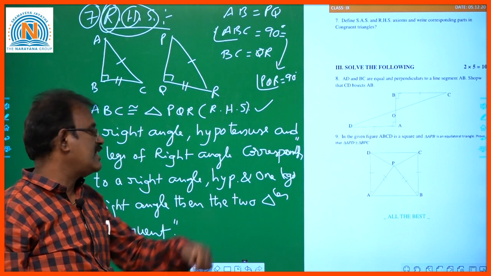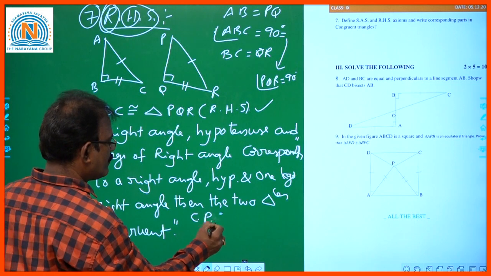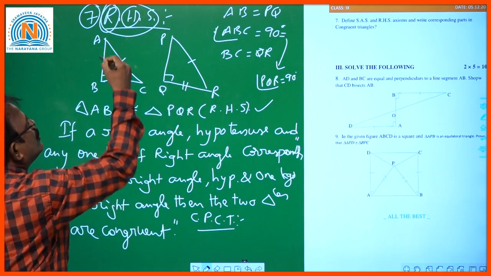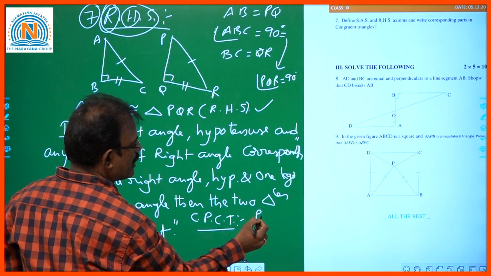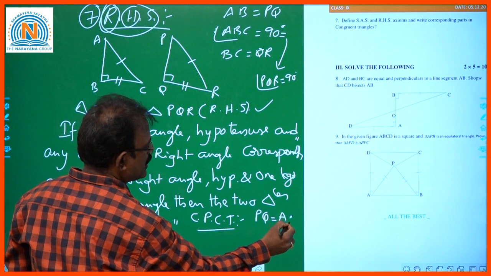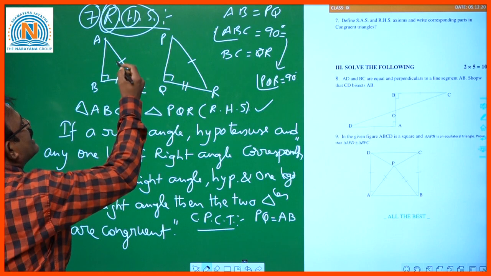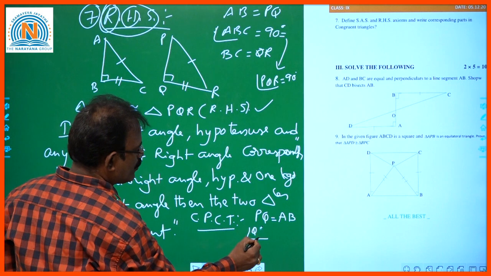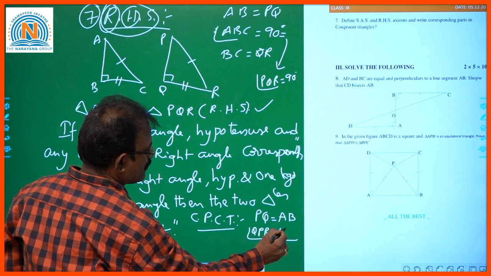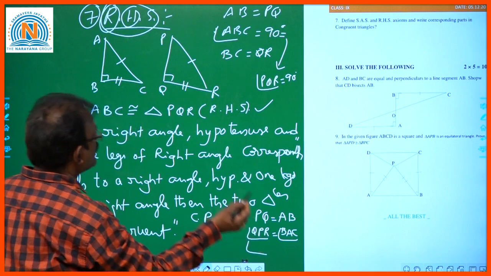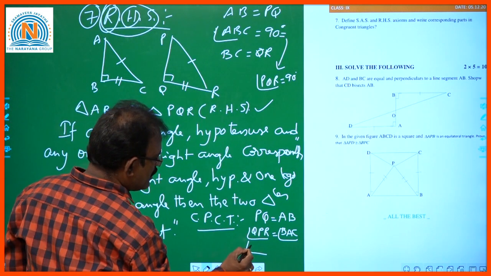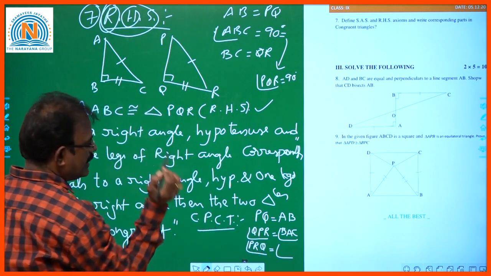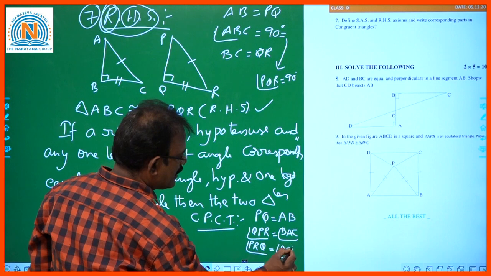What about CPCT parts? See here two sides are used. So AB and PQ, and the third pair of corresponding sides, and angles, angle A, angle P: QPR, BAC, and keep C in middle and keep R in middle, so PRQ and ACB.